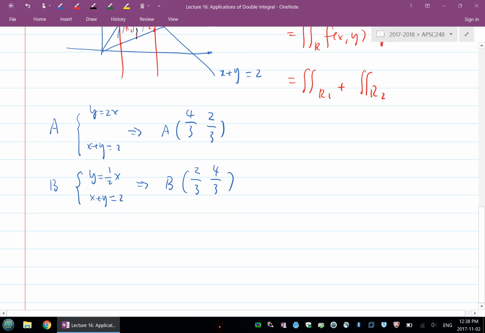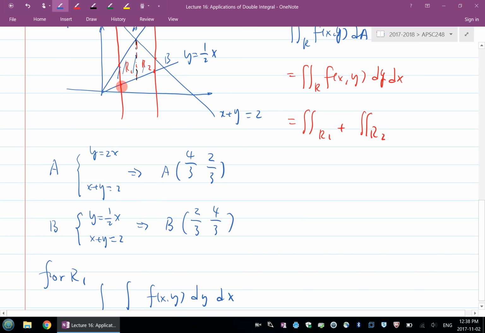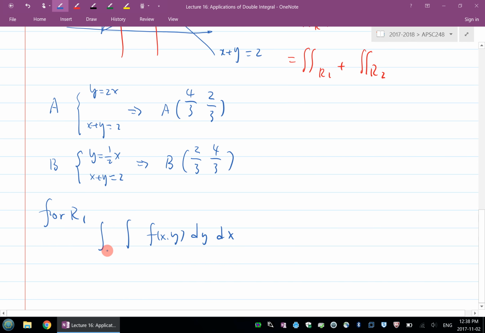For R1, we just need to figure out the limits here. Looking at the way we drew it, the first contact is on y equals 1 over 2 x, and the second contact is on y equals 2x. So the lower limit is half x, and the upper limit is 2x. That's your y lower and upper limits.